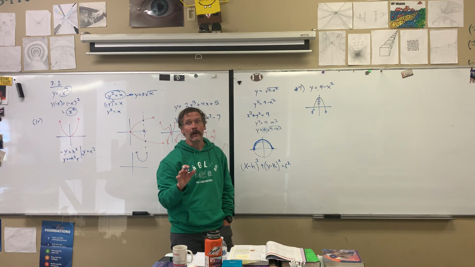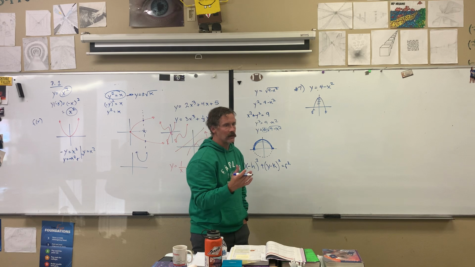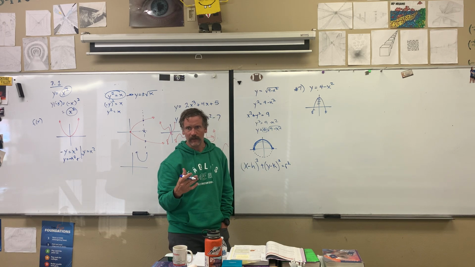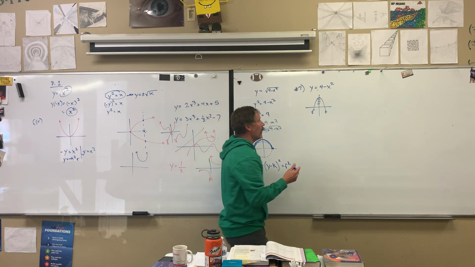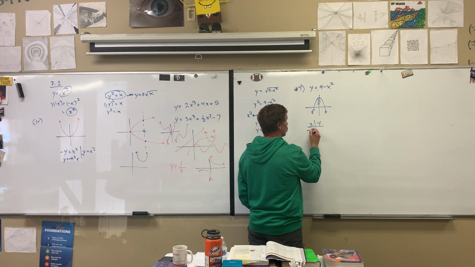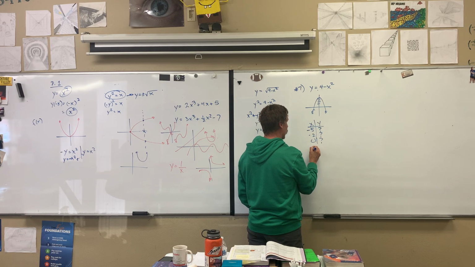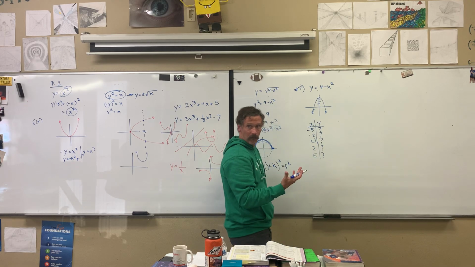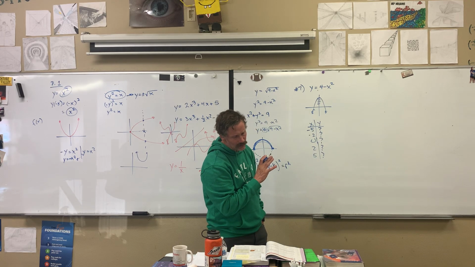Now, it says point plotting. On a test, I'm not going to put this one. But that would simply mean you're stating, I plug in -5, what do I get back out? I plug in -2, what do I get back out? 0, what do I get back out? 2, 5, you could plot some points that way. So that's what they're stating with that, but you don't need to.